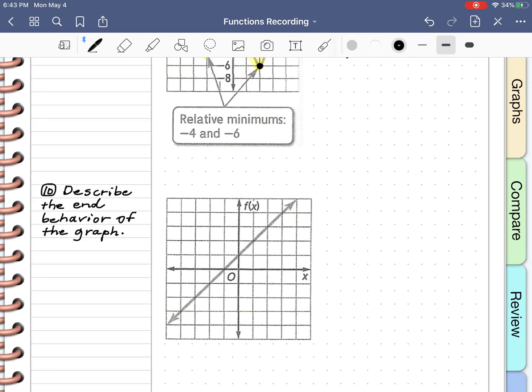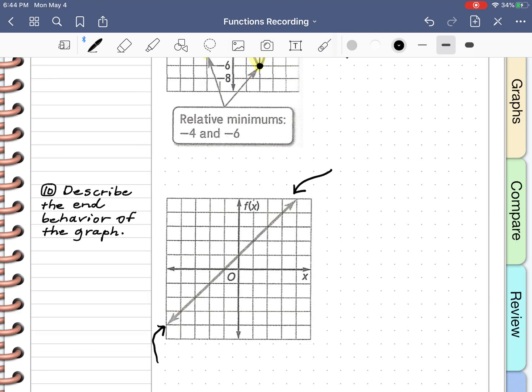Okay, number 10 wants us to describe the end behavior of the graph. If you look at this one, the biggest thing I want you to notice is that the ends of this graph are not the same.